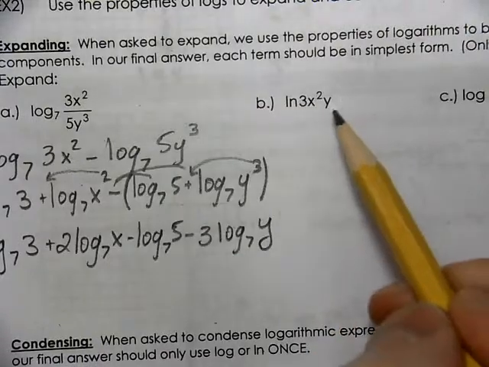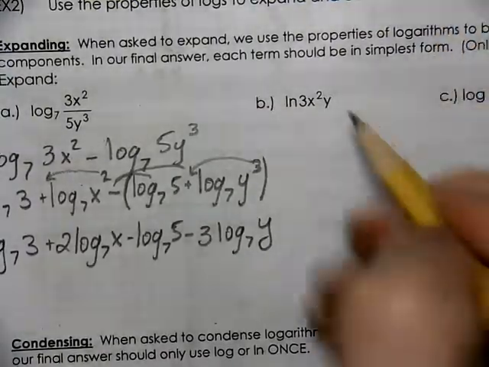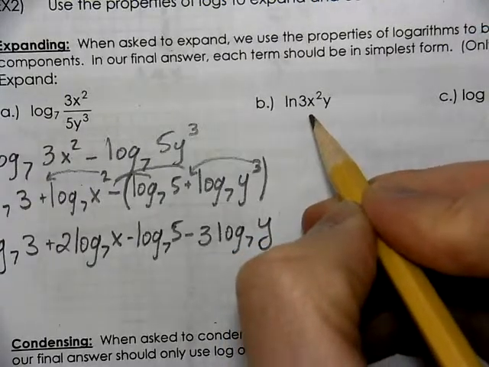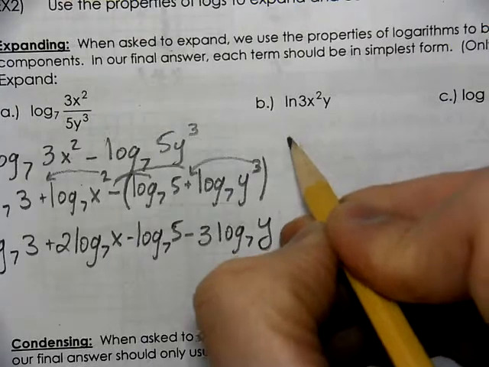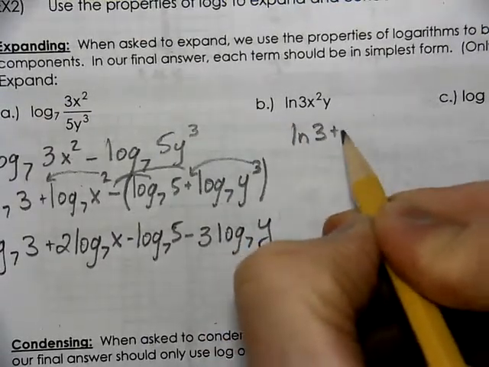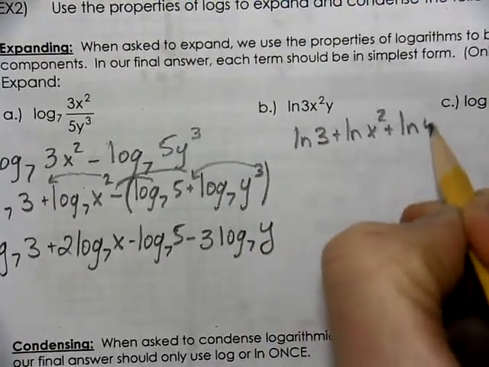Here we know natural log is also a type of logarithm, so the same properties hold true. There's no division, so there's not going to be any subtraction. Natural log of 3 plus natural log of x squared plus natural log of y.